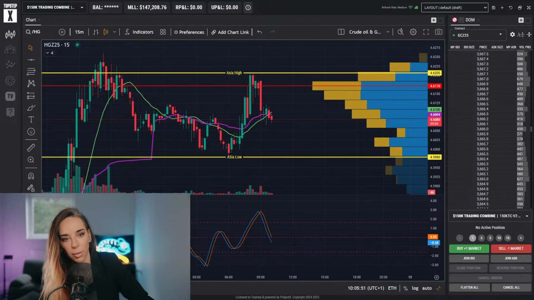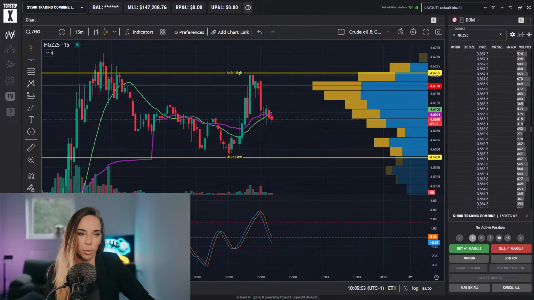That's correct. Okay, inside value still for COMEX. Value low, very close. So it's undecided where we're actually going to open for COMEX. But value low on copper is 460.60, which is a very nice... A lot of sixes today. Like, what is going on?